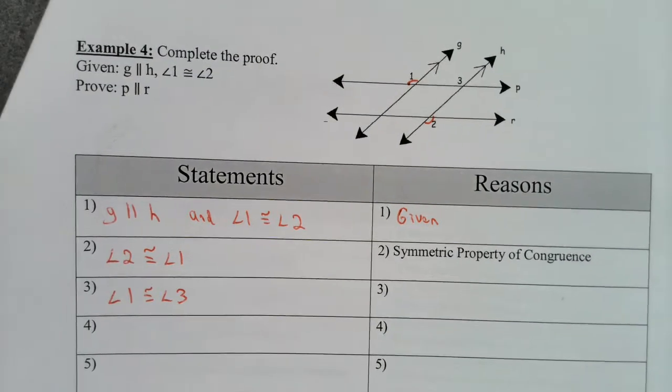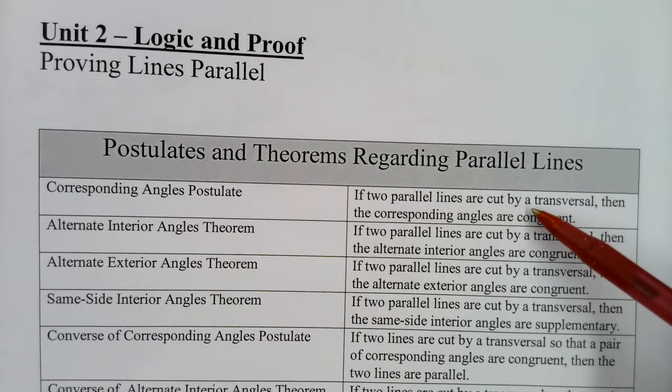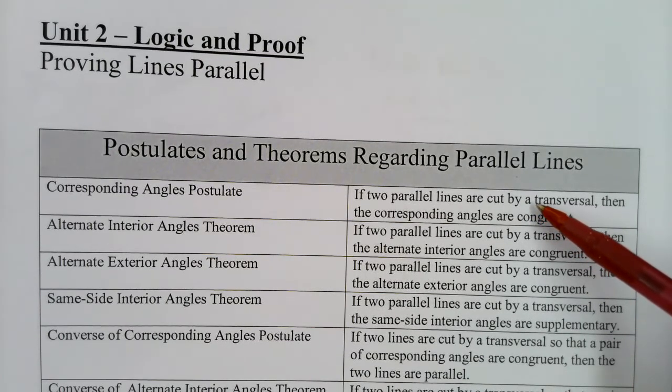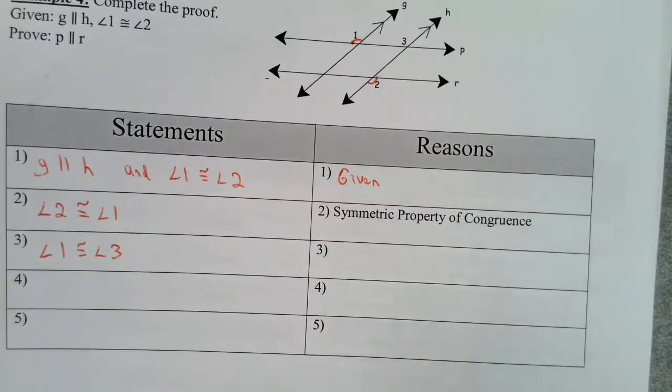Well, let's go back to the first page and look at it. If two parallel lines are cut by a transversal, then the corresponding angles are congruent. So that's called the corresponding angles postulate from the first page of these notes. Okay? So I'm going to say corresponding angles postulate.